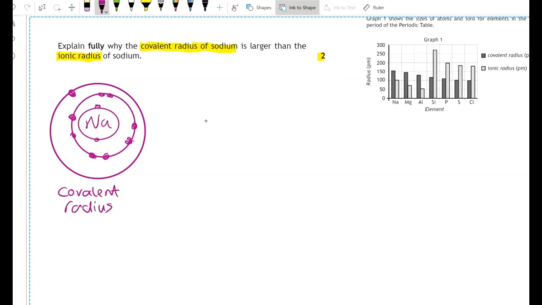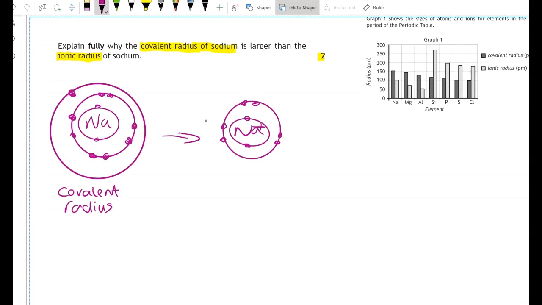Okay, when we form an ion, then this electron will disappear. So it becomes this, and you'll have a positive charge there as well.